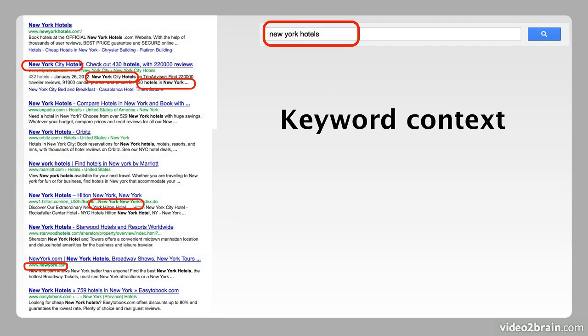The first difference is context. Just because someone typed in New York hotels doesn't mean that every result has to line up specifically. So we can see city in between New York and hotels. We can see it reversed with hotels in New York, or just New York by itself.